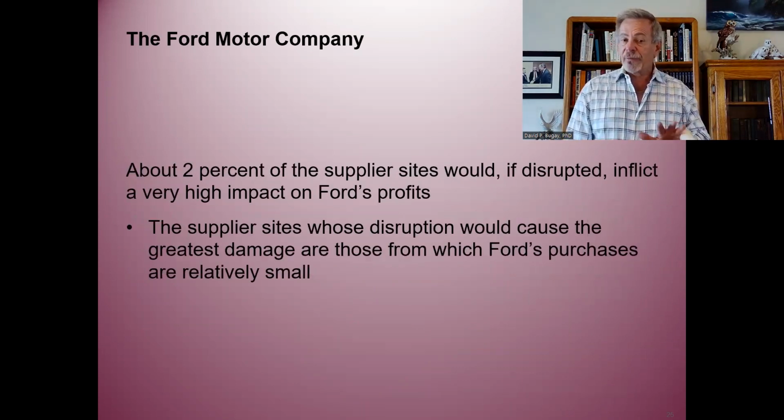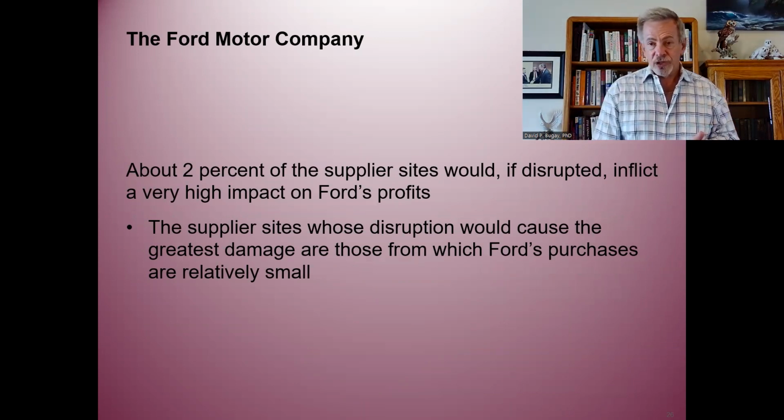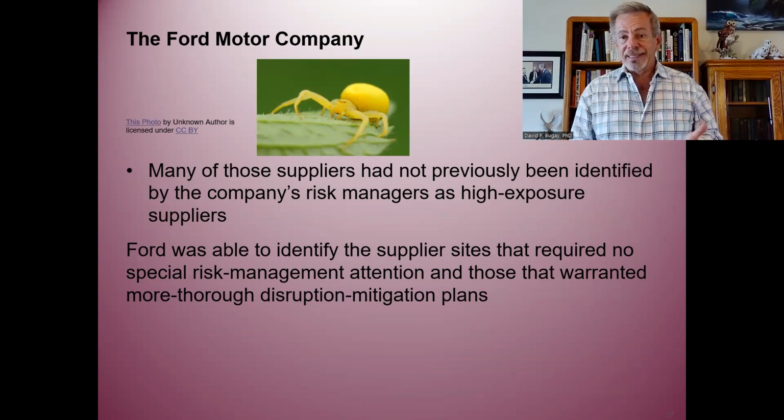It's this 2% that would disrupt everything. But the reality is you must go through a risk exposure review to make certain that you're finding that 2%. A lot of suppliers hadn't been identified by the company's risk managers as high exposure suppliers before that. Everybody was treated the same. Well, the reality is it's not the same.